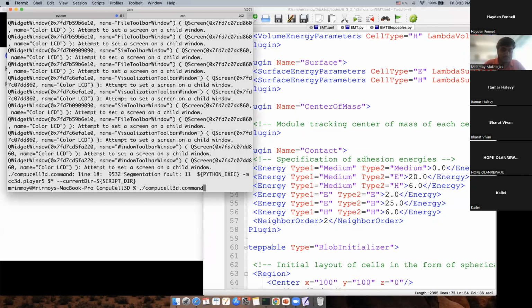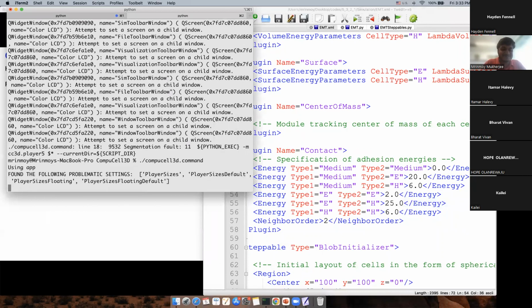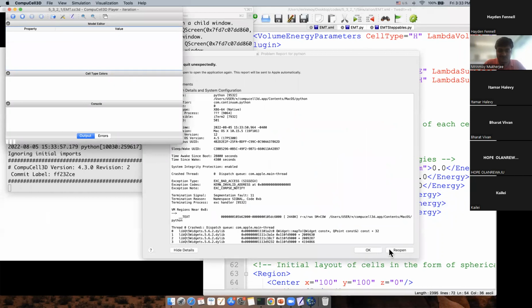I don't know what happened in this new version of CompuCell3D. Whenever I try to change the parameter, it always crashes.